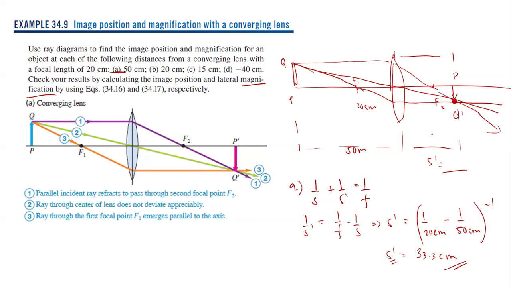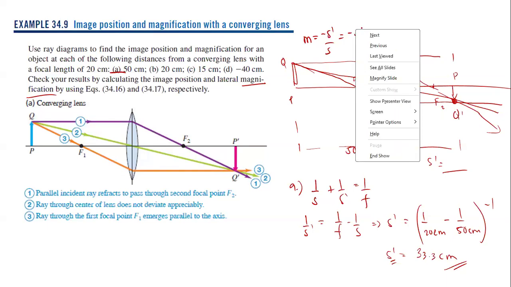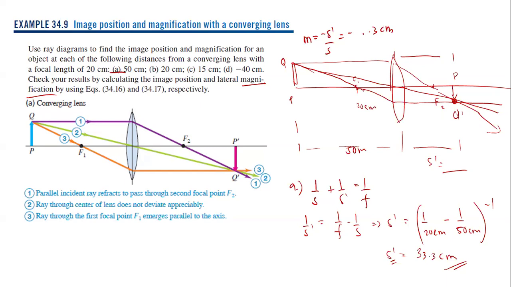You measure also the height and find m, which is equal to negative s prime over s. Here we have negative 33.3 centimeters over 50 centimeters, so you will have negative 2/3, which is equal to y prime over y.